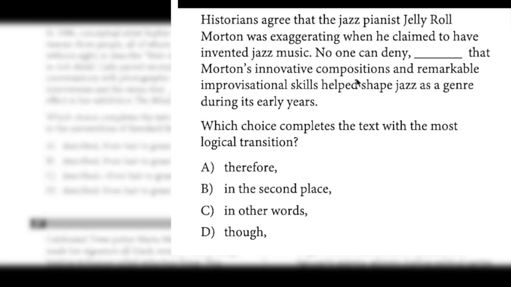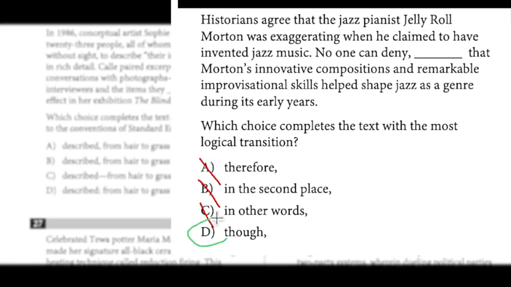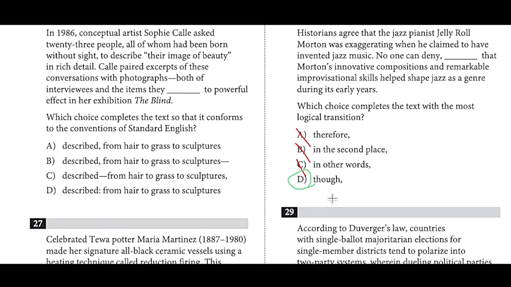No one can deny that his innovation helped shape jazz as a genre. So he didn't invent it, but he did help shape the genre. So I'm looking for like but or however. Therefore, in the second place, that's a weird one. In other words, though. Though is the same as however and the same as but.